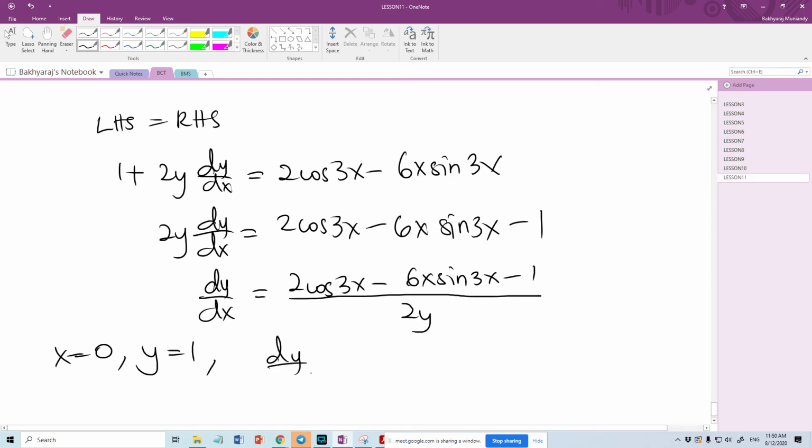So dy dx will be equal to 2 times 3 cos 0 minus 0 minus 1, divided by 2 times 1, which is 2.